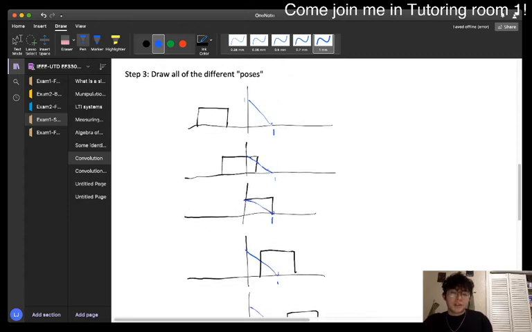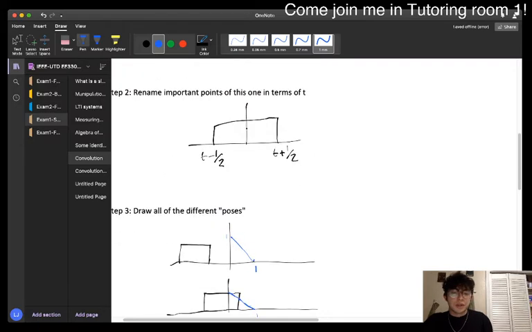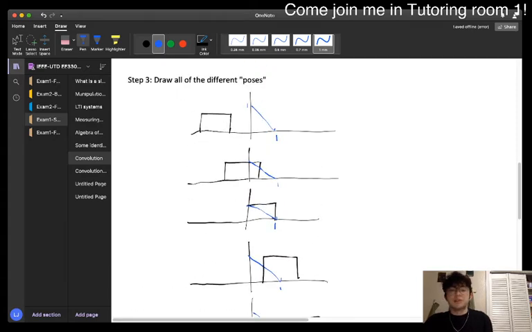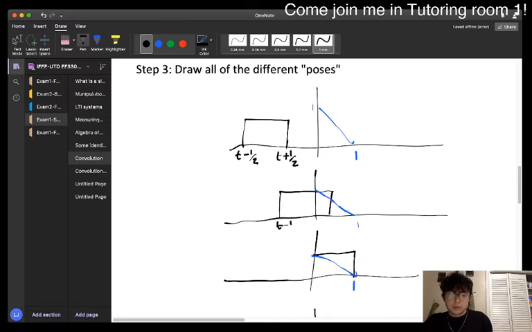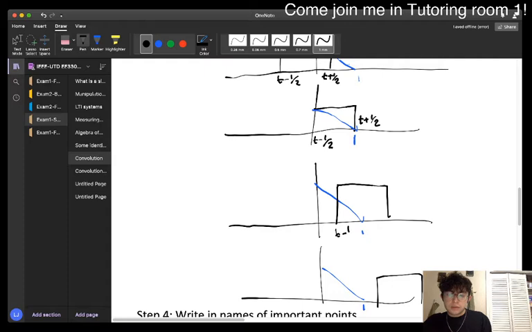Now from there, we need to write in these bounds, these t values, for each one of these diagrams where we have shifted the rectangle. So this is t minus 1/2, t plus 1/2, and the same for each of the others: t minus 1/2, t plus 1/2.